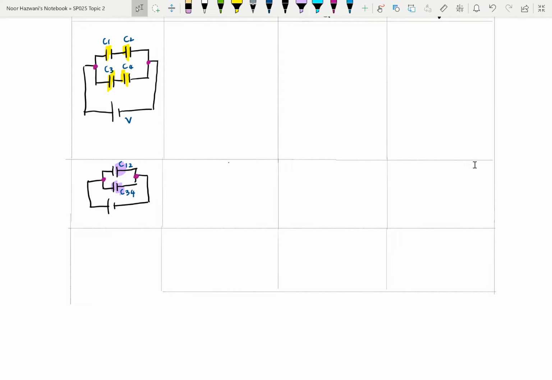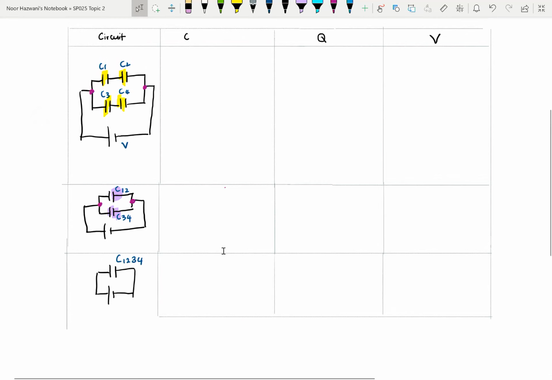Okay? And then the last one, kita akan reduce dia jadi teruslah kan? So, terus dan diorang akan disambung terus kepada bateri. Dan akhirnya kita akan label dia sebagai C1, 2, 3, 4. Okay, so kita dah settle lah kita punya reduction circuit.